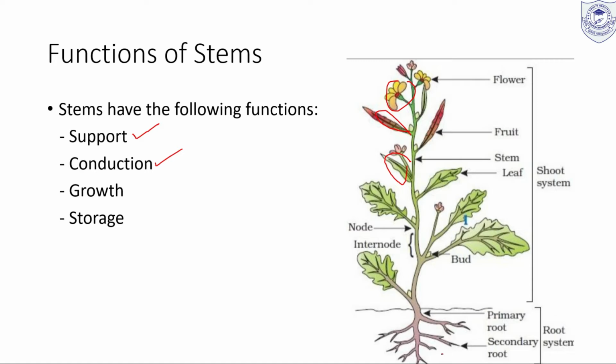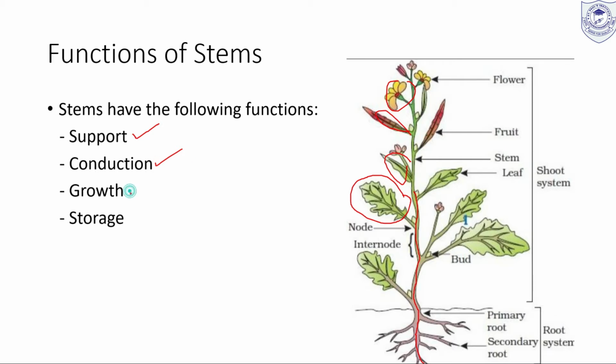From the soil, water is absorbed by the roots, okay? And this water is transported by the stem to different parts of the body, okay? And food is prepared by the leaves of a plant, okay? And this food that is prepared by the leaf gets transported by the stem to different parts of the body. So the stem helps in the conduction of food and water, okay?